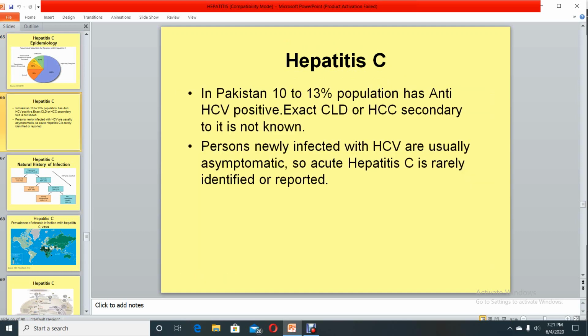In Pakistan, 13% population has anti-HCV positive. And except chronic liver disease or hepatocellular carcinoma secondary to it, it is not known how much. Hepatitis C will cause definitely.